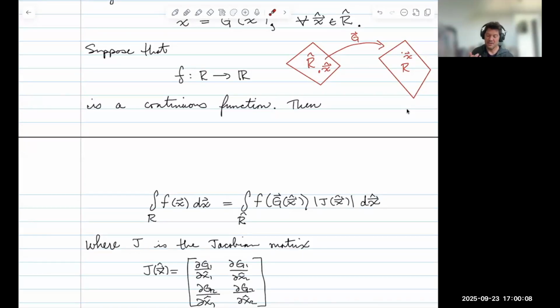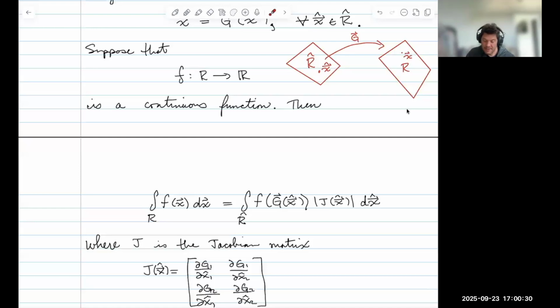The way you used this theorem was maybe you had a really ugly region of space that you were doing the integration over, and you wanted to transform that to a simpler region. That's usually how it worked.